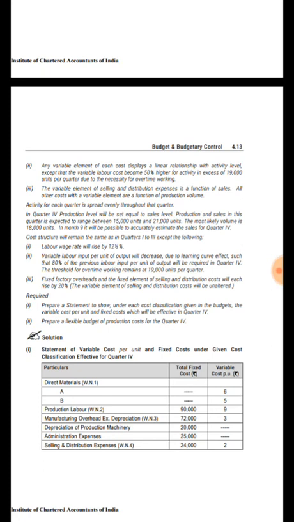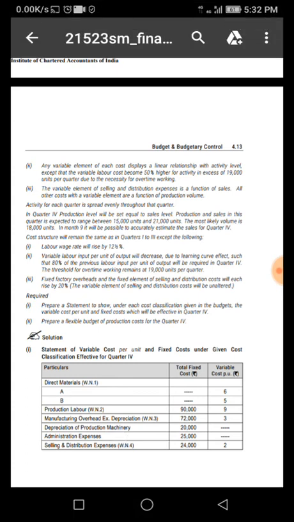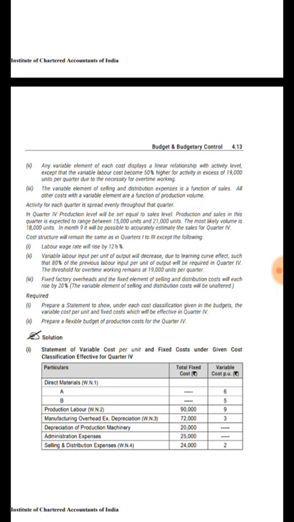The threshold for overtime working remains at 19,000 units per quarter. Fixed factory overheads and the fixed element of selling and distribution costs will each rise by 20%. The variable element of selling and distribution cost will be unaltered.